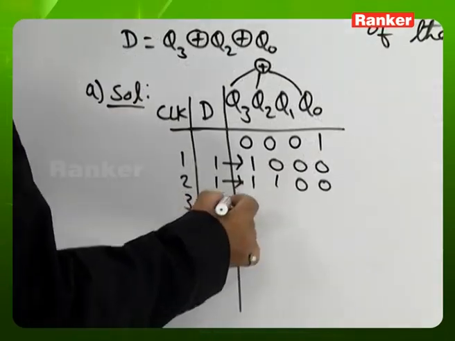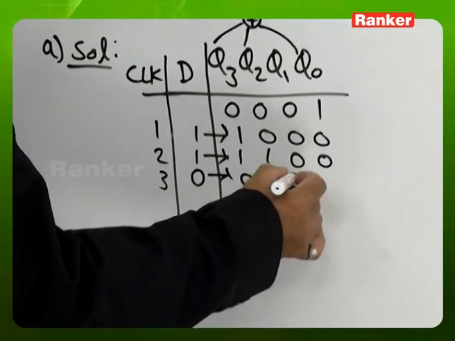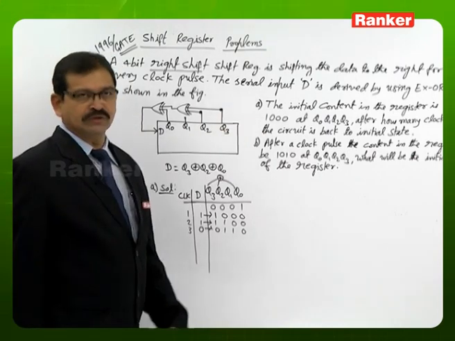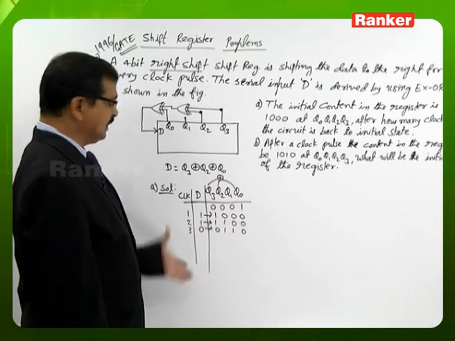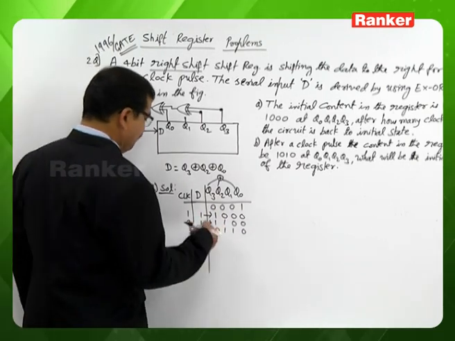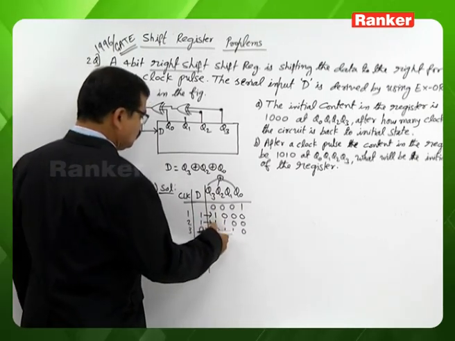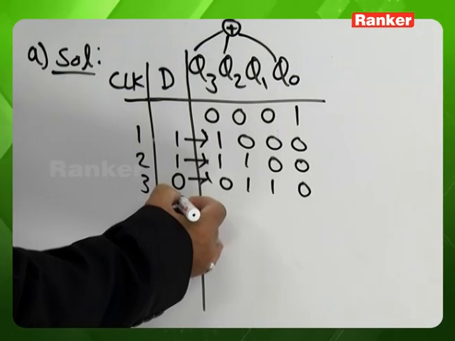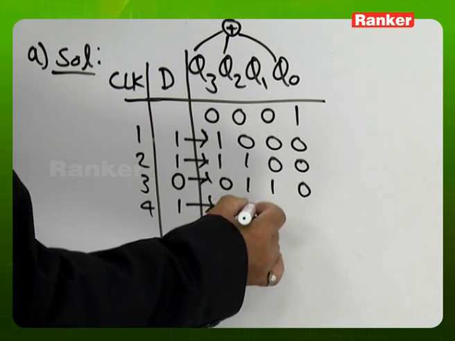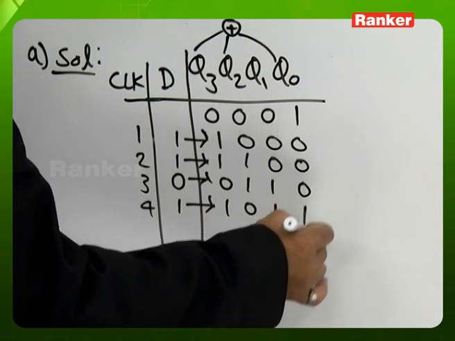If you apply the third clock pulse, we are looking at the content in the register. As per the question, we are supposed to go on applying the clock pulses until we are back to the initial state. It is not back to the initial state, we are going further. Before the fourth clock pulse, Q3, Q2, Q0, if you look, it is 1. In the fourth clock pulse, we are looking at the content.